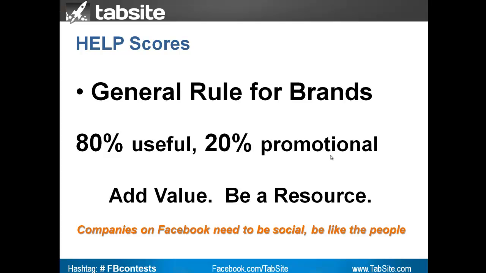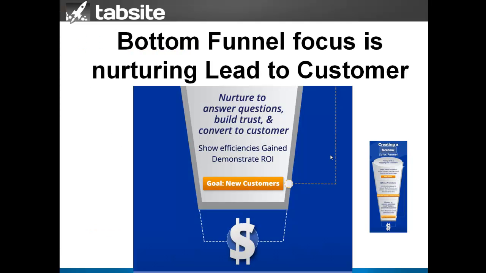Add value, be a resource. Bottom of the funnel then is where we're trying to, now we know them. They're a known entity. We have a name, we have an email address.